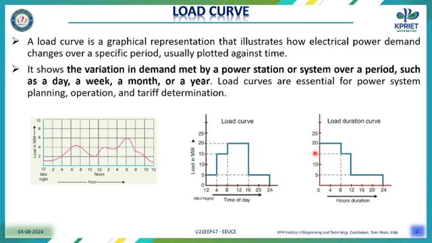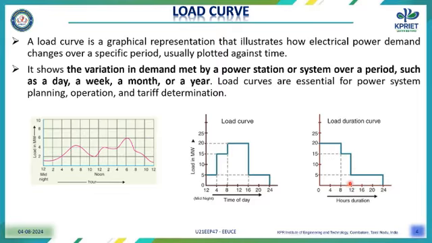If you take 20 megawatts, that takes place for a period of 0 to 8 hours duration. The load utilized is 20 megawatts, that is the power demand. Similarly, for the period 8 to 12 hours, the power demand is 15 megawatts.